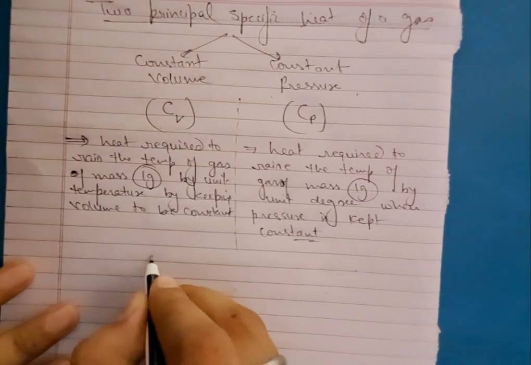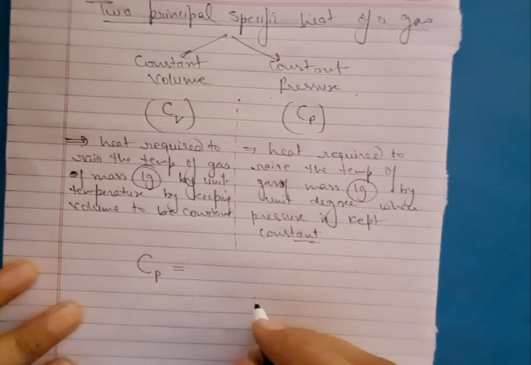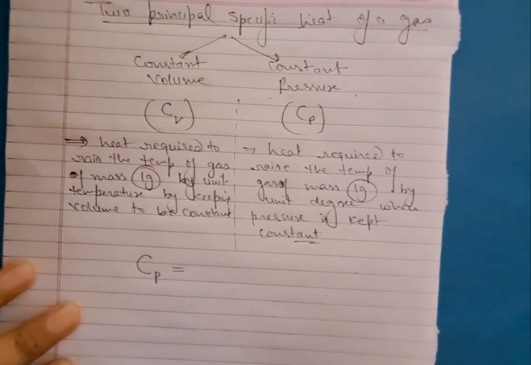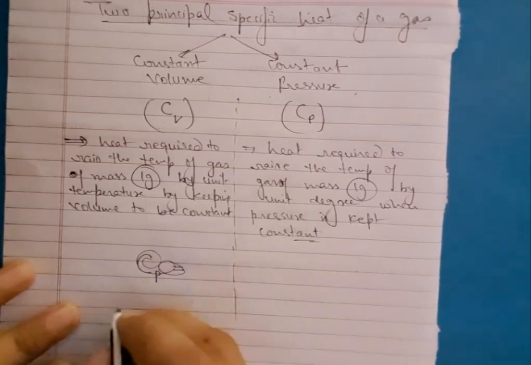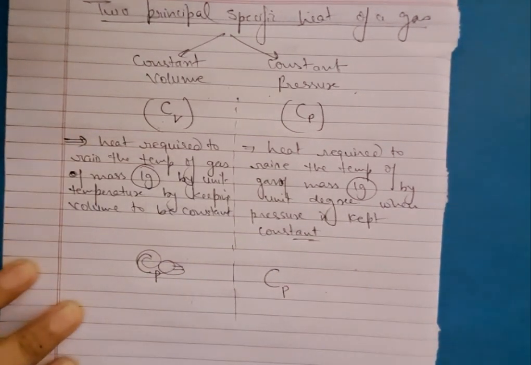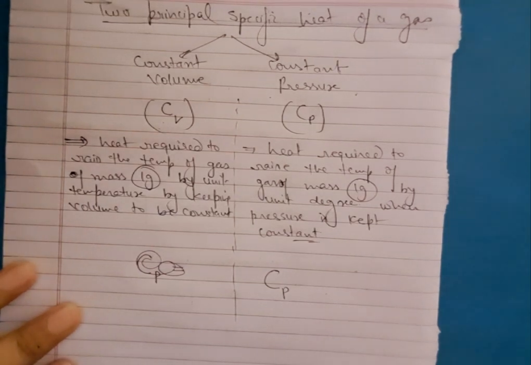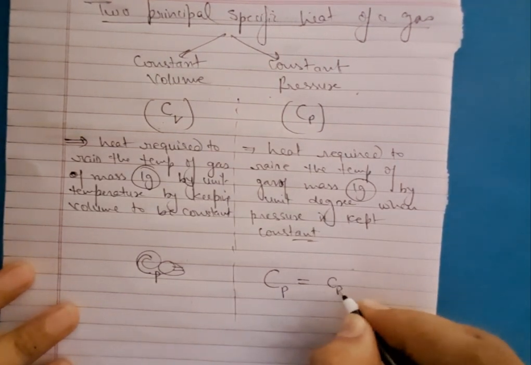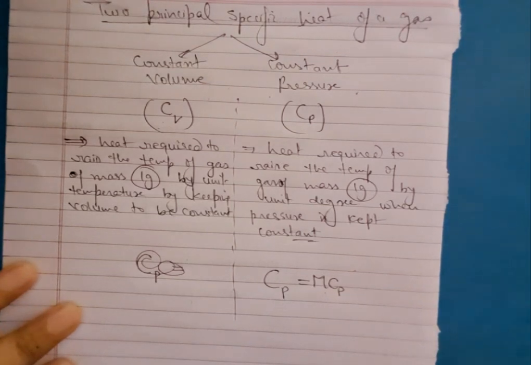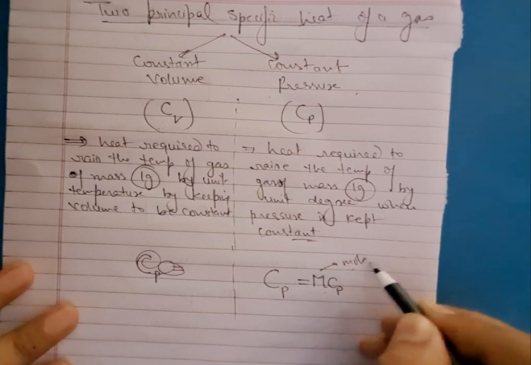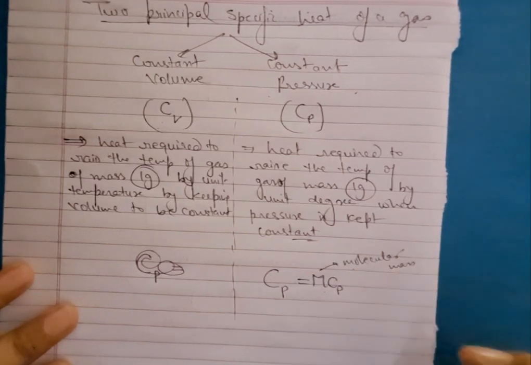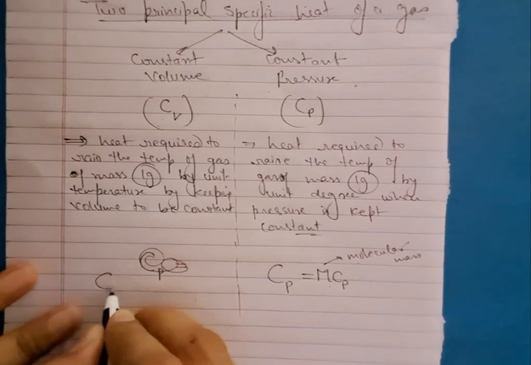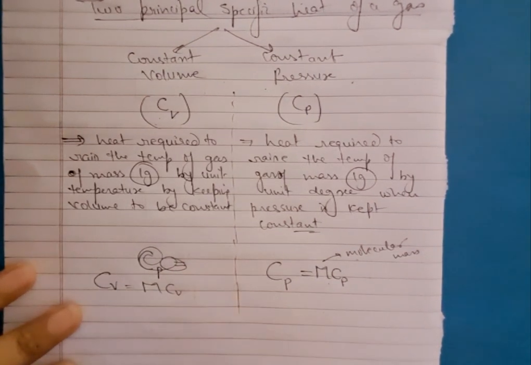The capital Cp is nothing but the molar specific heat and is considered to be m Cp, where m is the molecular mass. And similarly capital Cv is equal to m Cv.